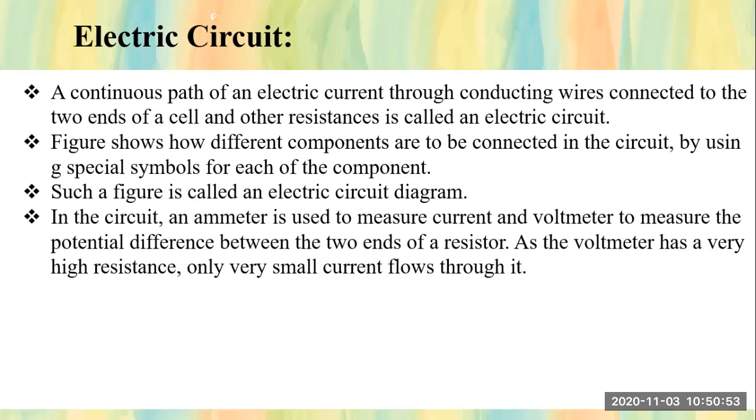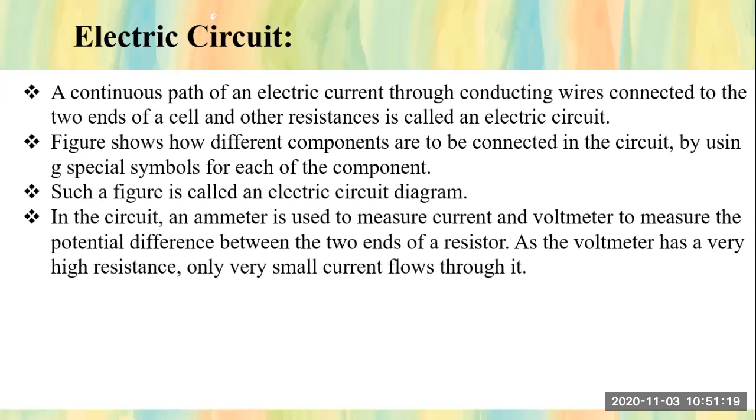Now see, as the voltmeter has a very high resistance, only a very small current flows through it. It has a very high resistance, so only a very small current will flow through it. If only a very small current flows through it, then only it can measure the actual potential difference of the circuit, right?